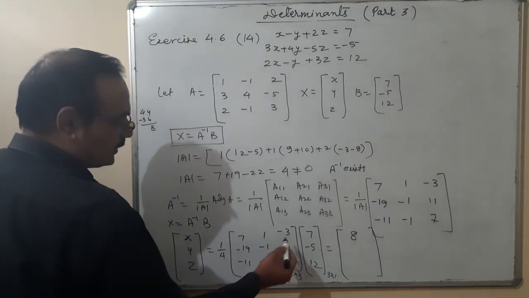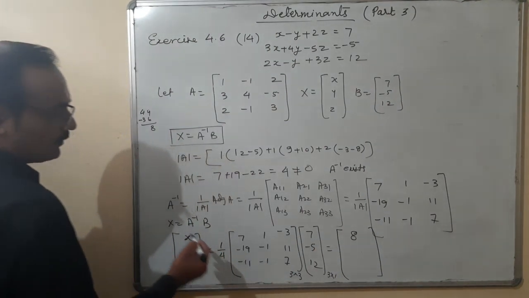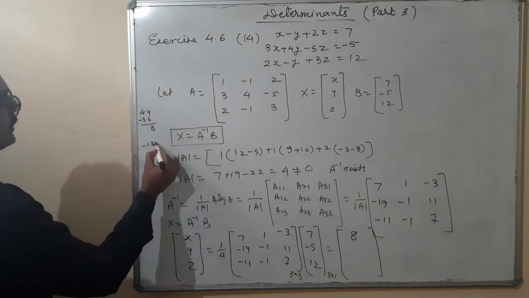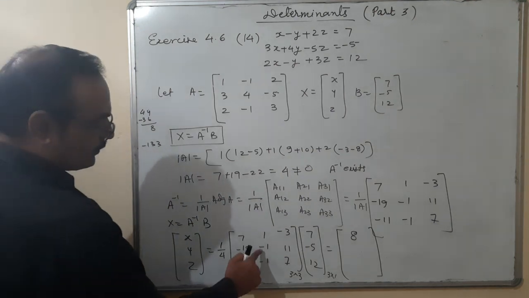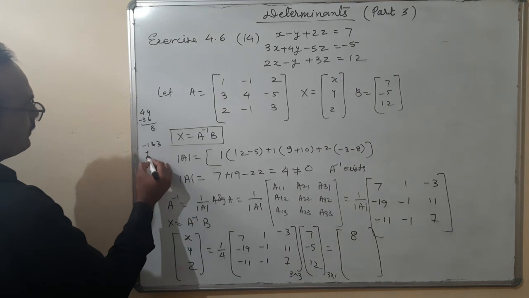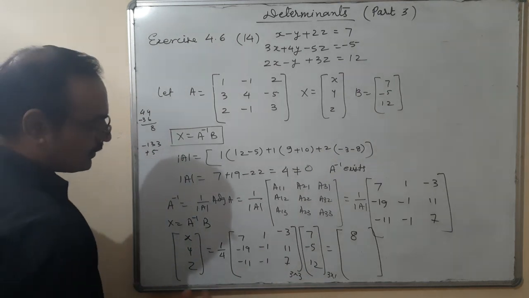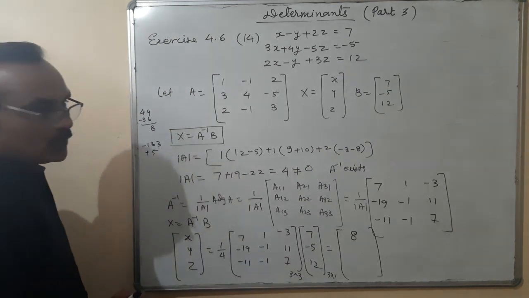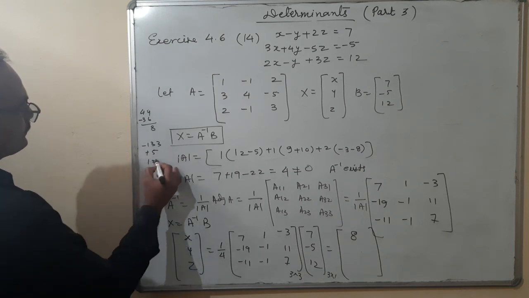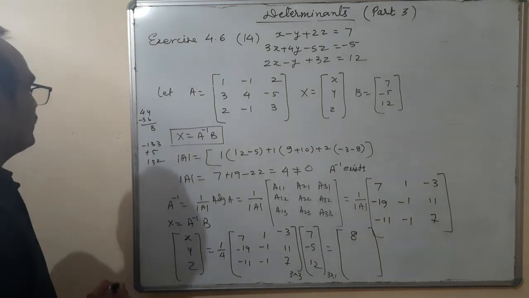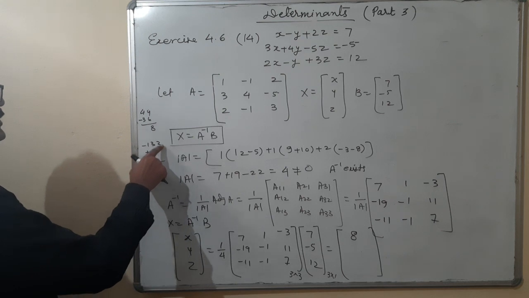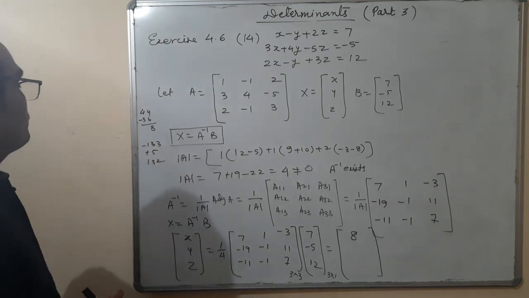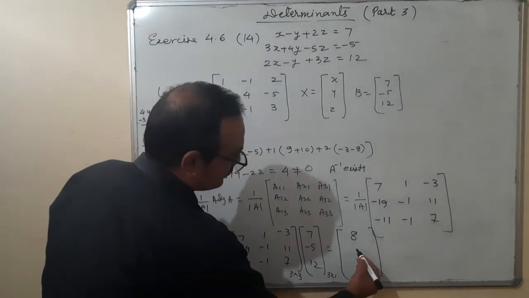Here 19 multiplied by 7 is 133, minus 133, plus 5. And 11 times 12 is 120 and 132. Okay, so it is coming 137 minus 133. 137 minus 133, that means it is plus 4.